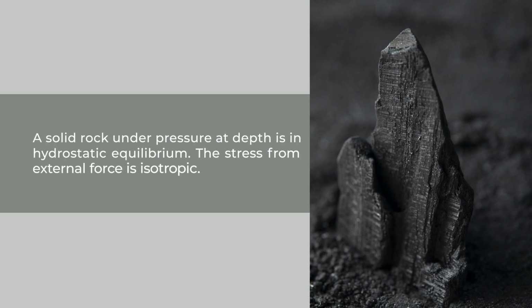And there is another kind of pressure which is called shear stress. Now, solid rock under pressure at depth is normally in hydrostatic equilibrium. That means the stress from the external force is isotropic; that is, in all directions it is the same stress.